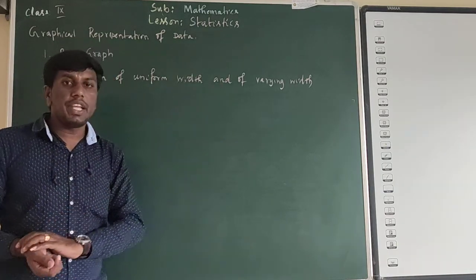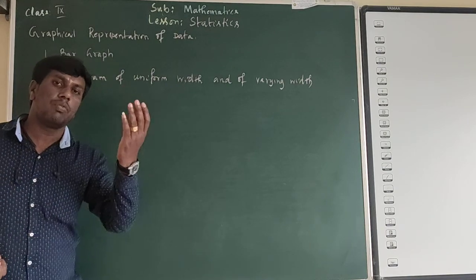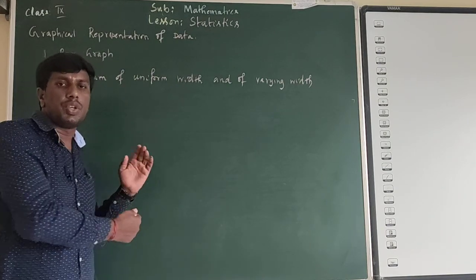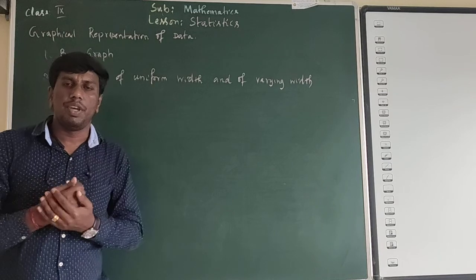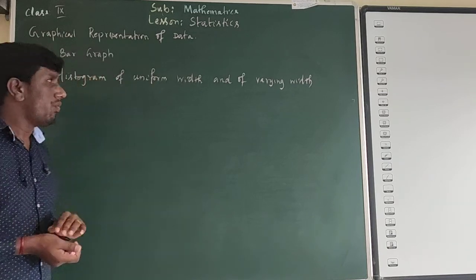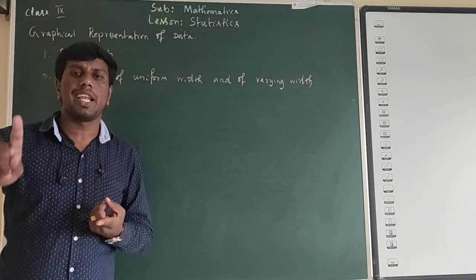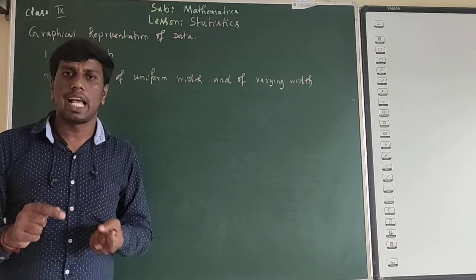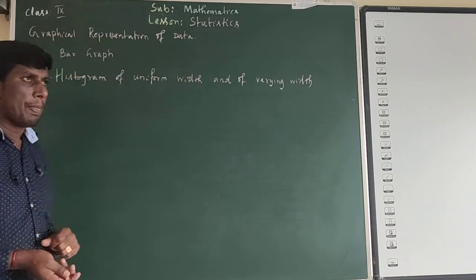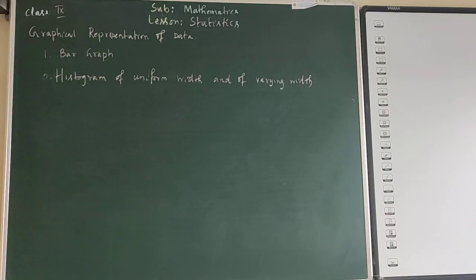Now what is varying width? I'll tell you what is varying width after the uniform width. When we do the histogram, we are having continuous class intervals. I'll take an example.